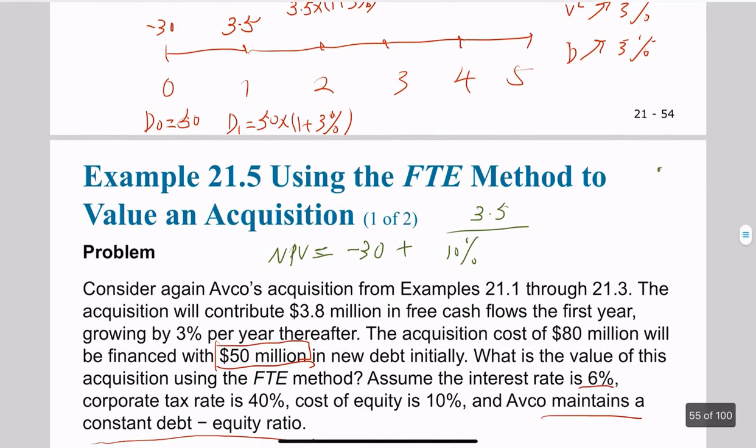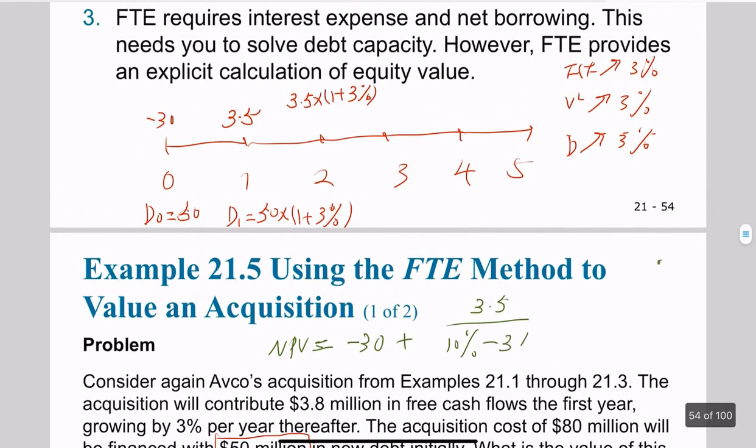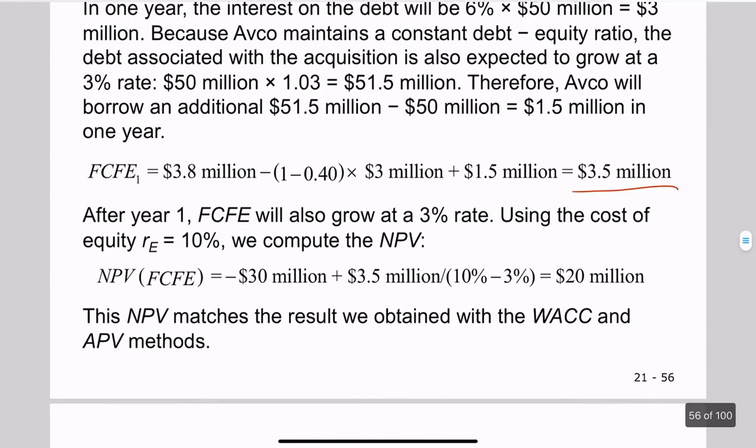Is it 10%? Yes, the cost of equity is 10% minus the growth rate, right? So this gives us how much? $20 million, I think. So this is minus 30 plus 50. It's $20 million, right? Yeah, it's $20 million.